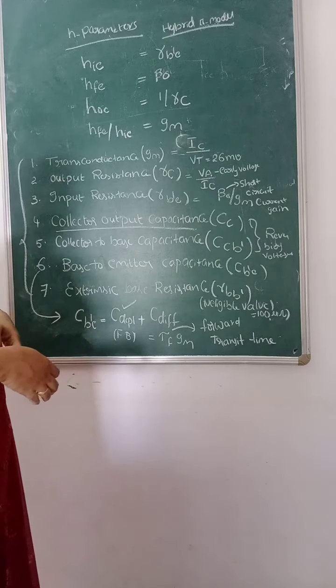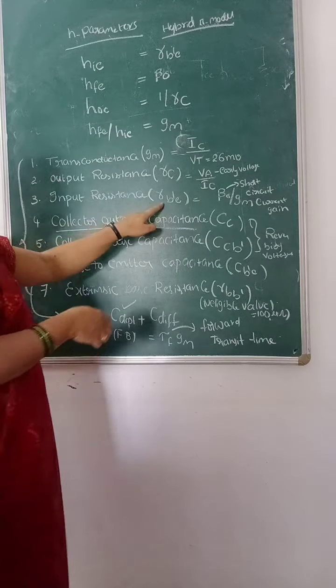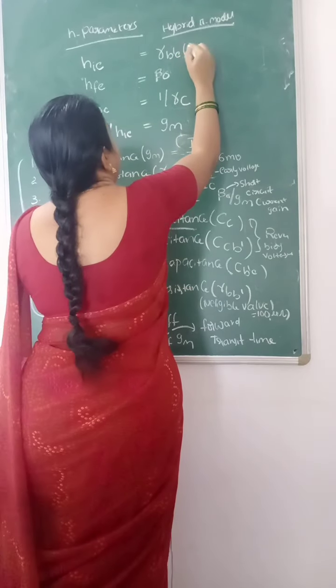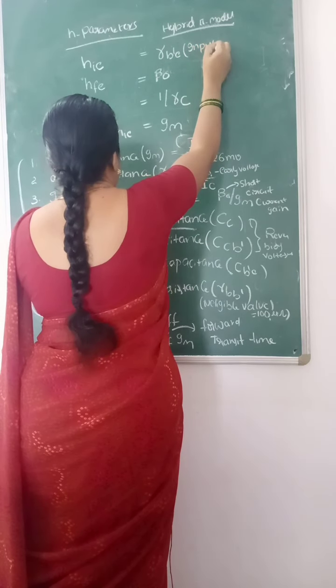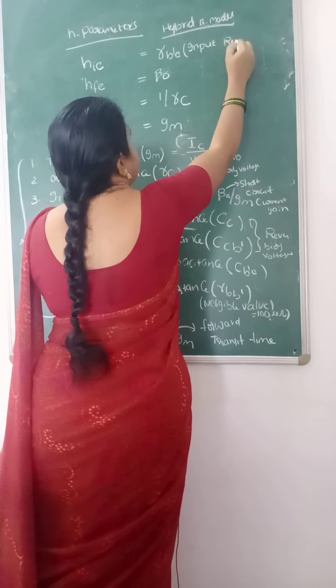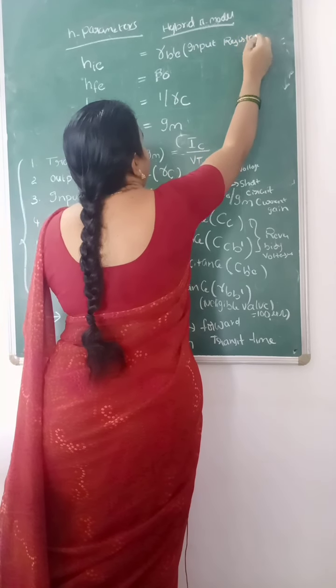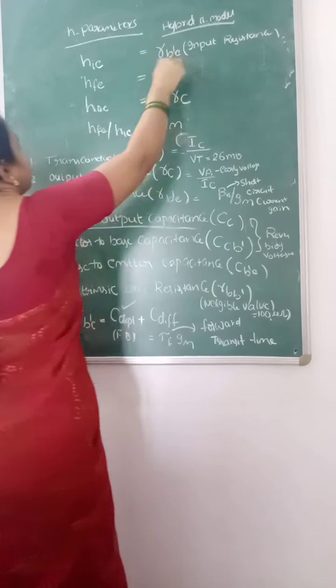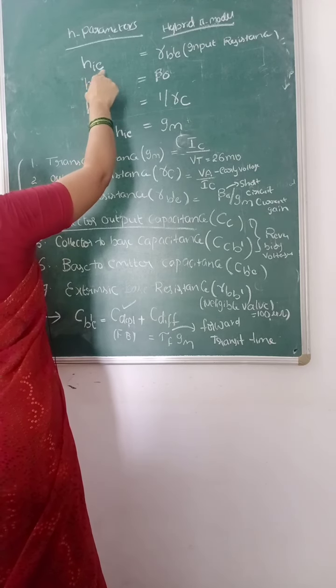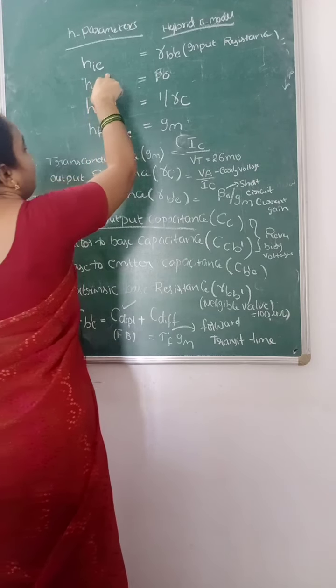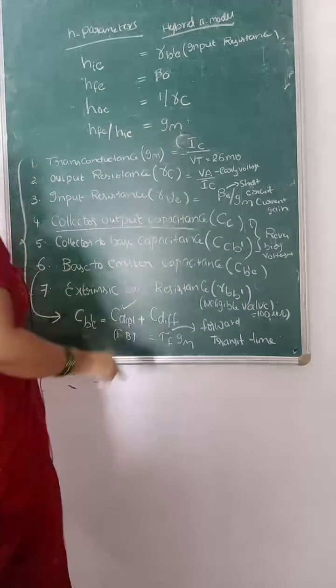HIE is nothing but RB dash E. RB dash E is the input resistance. In H parameters, input resistance is replaced with HIE. This is the input resistance offered by the emitter circuit.